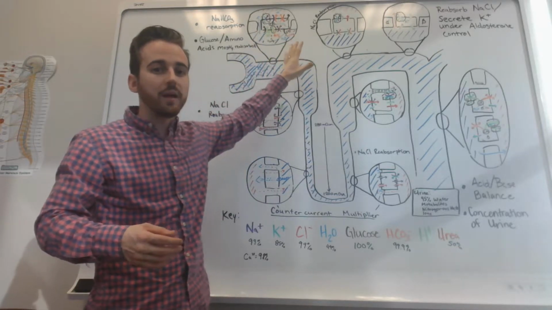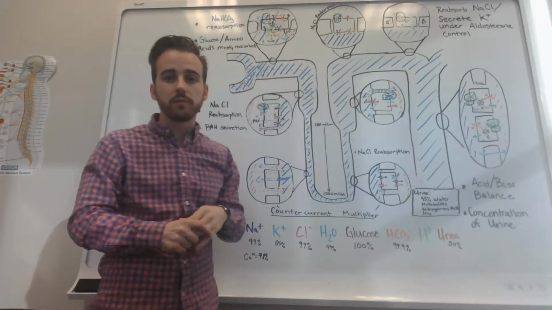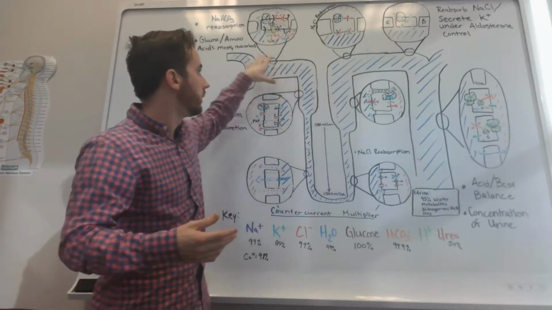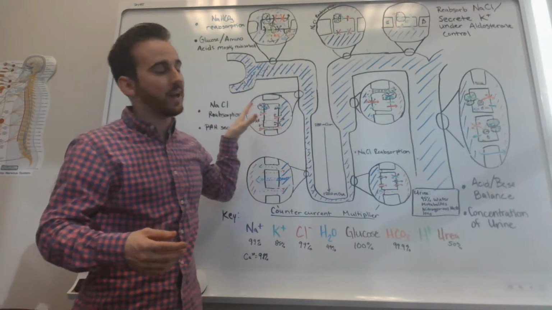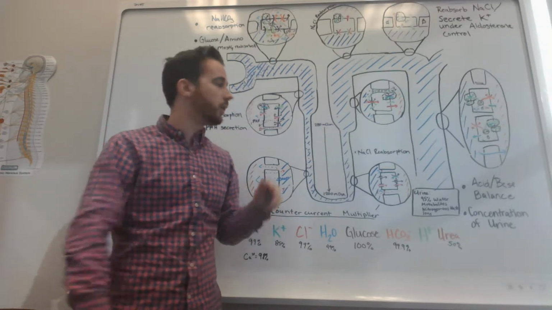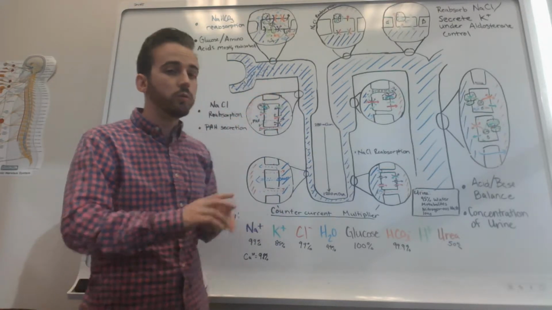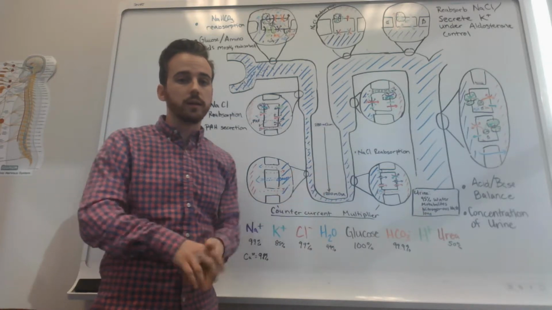In fact, it's going to reabsorb almost all of the glucose and amino acids that are filtered into the nephron at all. The proximal straight tubule will actually catch the rest of the glucose and other things right there. So you will not get any secretion of glucose or amino acids in your urine in a healthy patient.